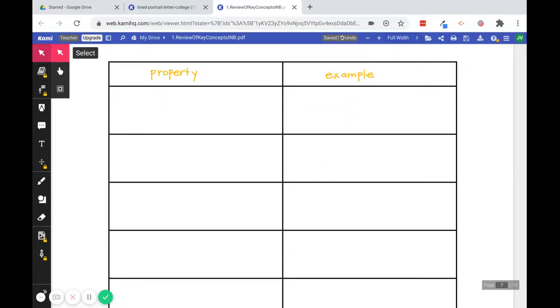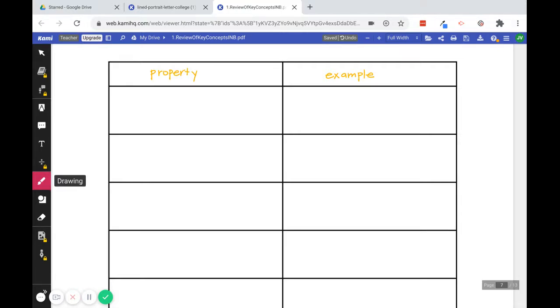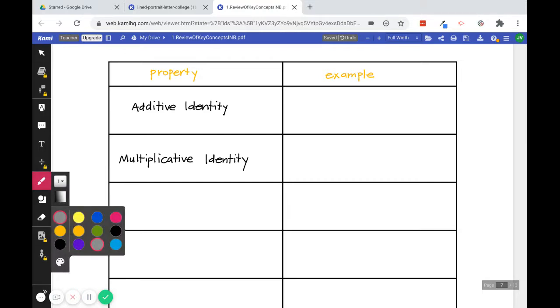So the first two go together. They are the additive identity and the multiplicative identity. Basically this word identity means that when you do addition or multiplication with these numbers, it doesn't change.